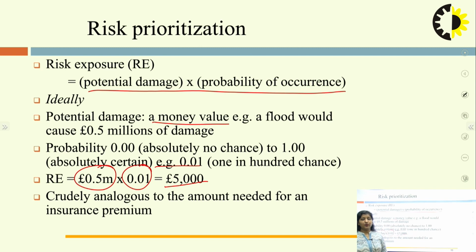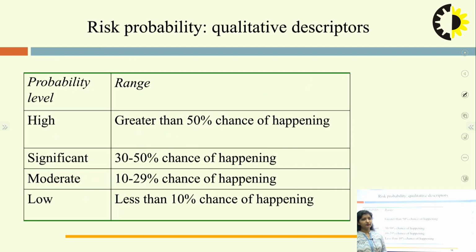If the risk exposure is high to a certain level, we can prioritize the risk to a higher level. Now, the probability of occurrence can be divided into 4 stages: high, significant, moderate and low. So, these are the 4 parts in which the risk can be identified. If the range is greater than 50% of happening, we say that the probability of occurrence of the risk is high.